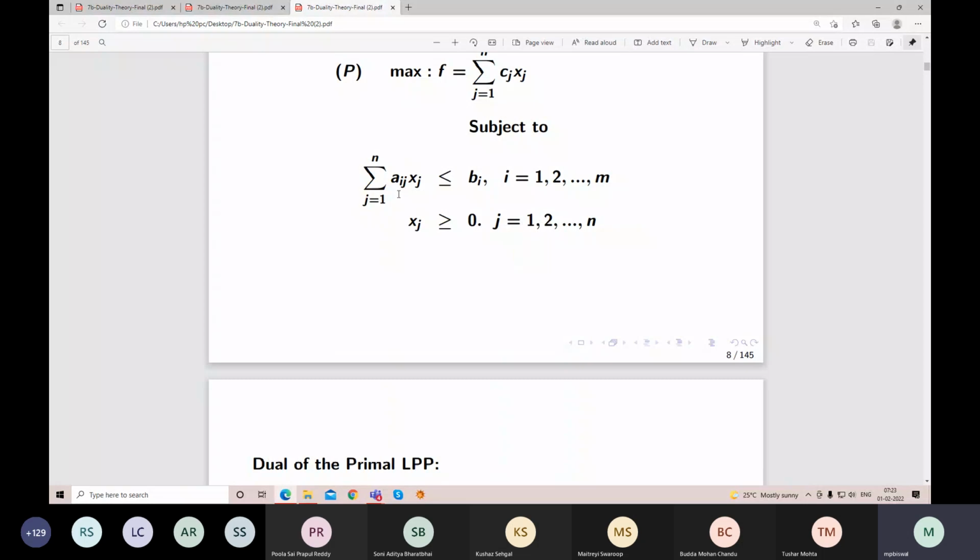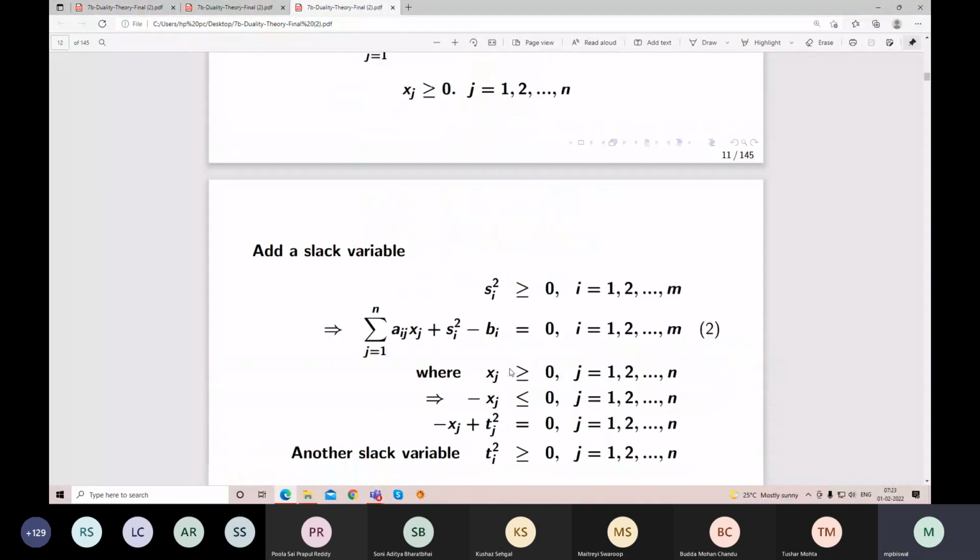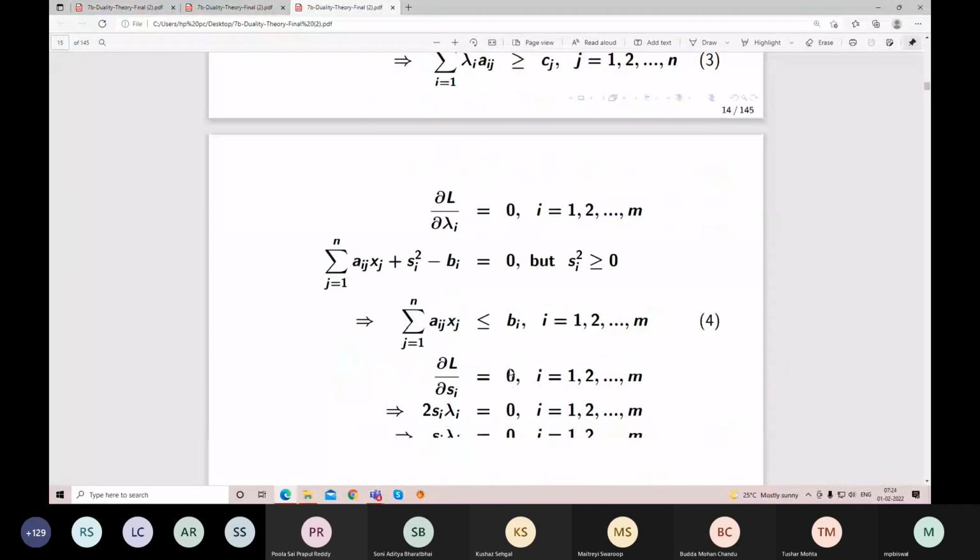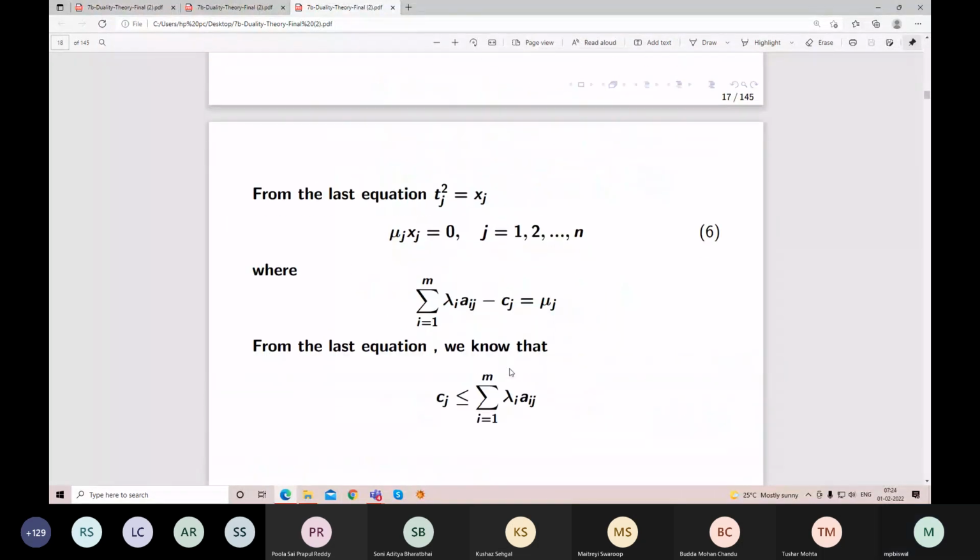Bi is more and the left hand side is less.